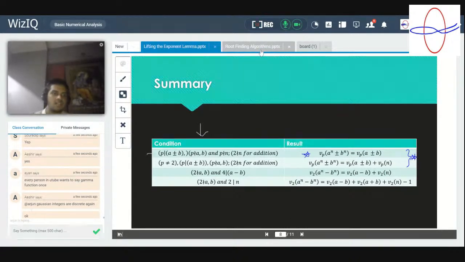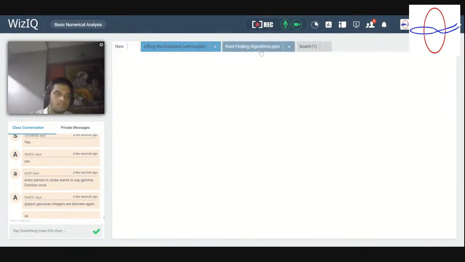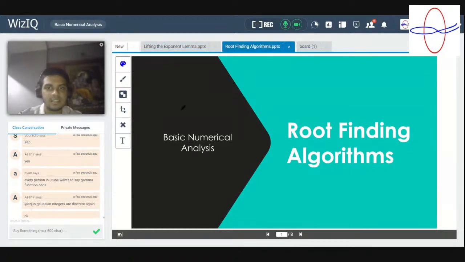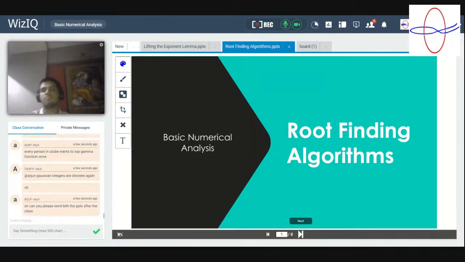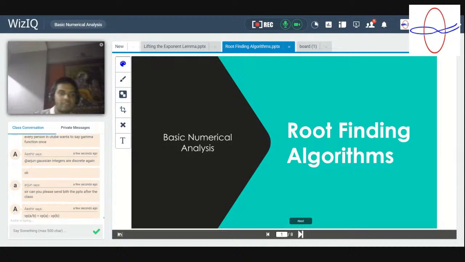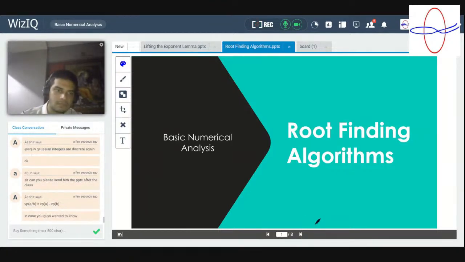So let's start with the main topic of today, and that is how to find the roots of any algorithms.